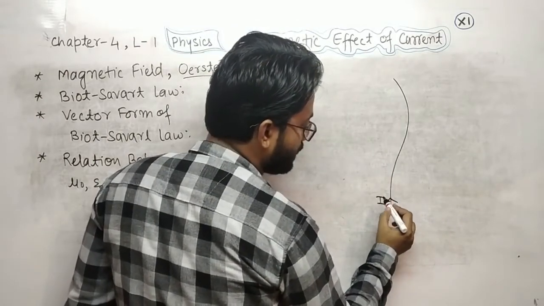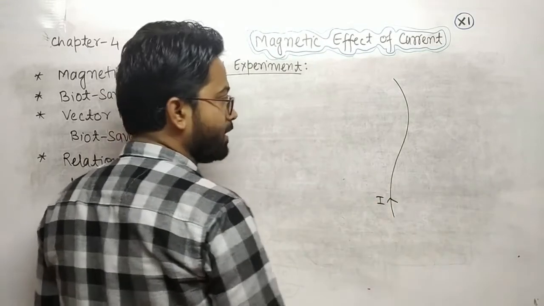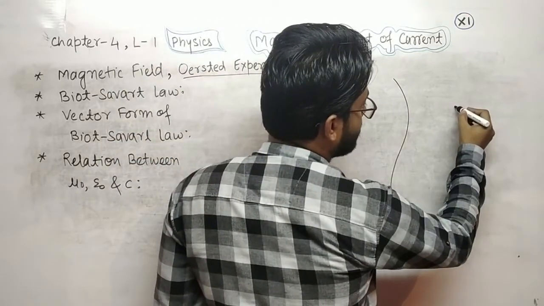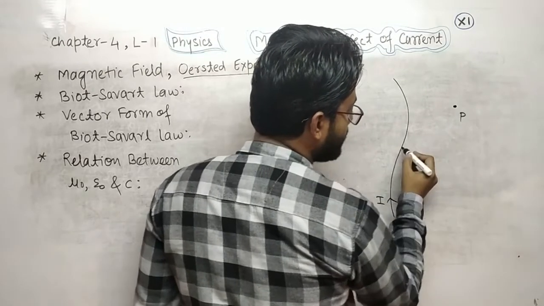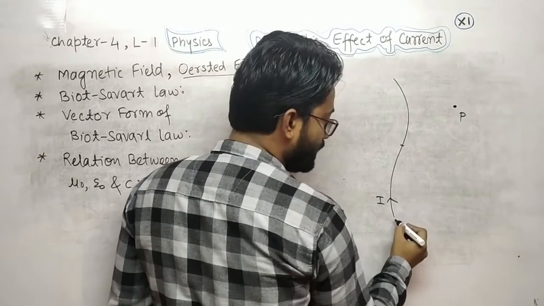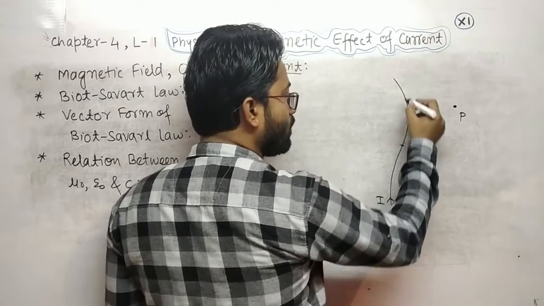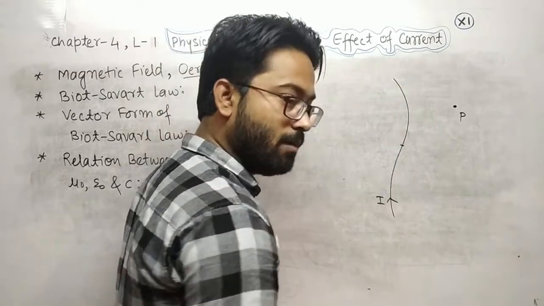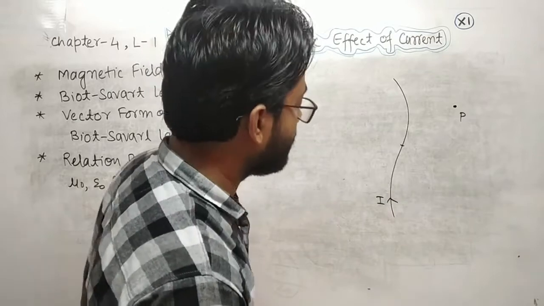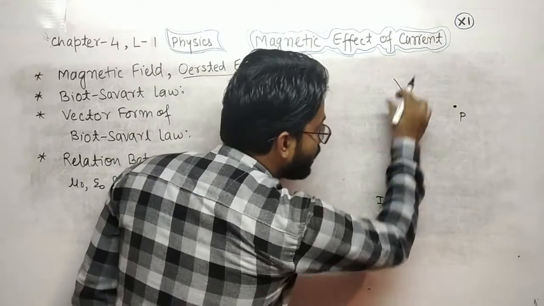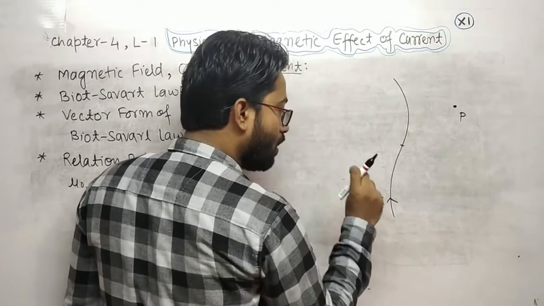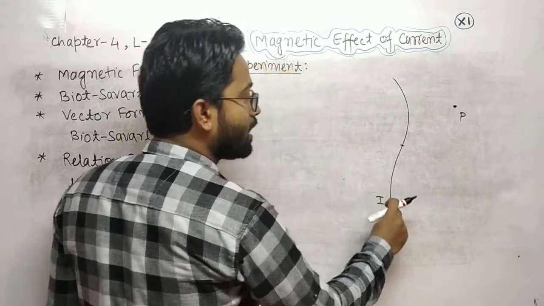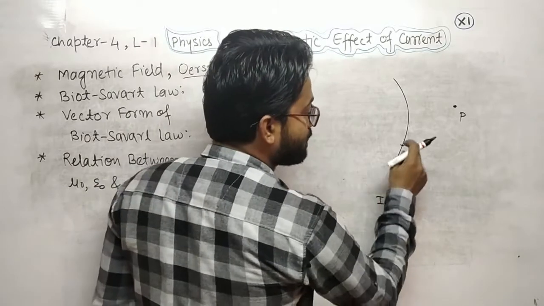In this conductor, current is flowing, that is I, and we need to calculate magnetic field at that point. This whole wire will produce magnetic field. If we divide this wire in very small parts, all parts will produce magnetic field.